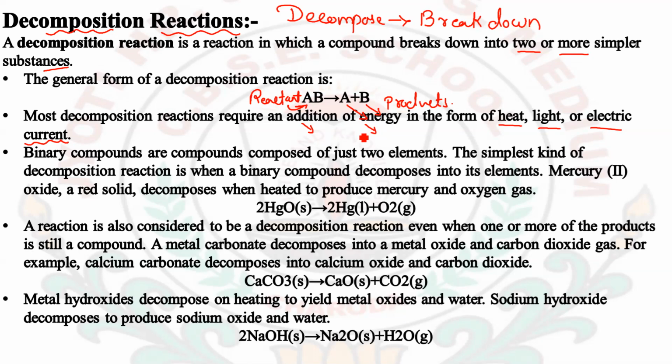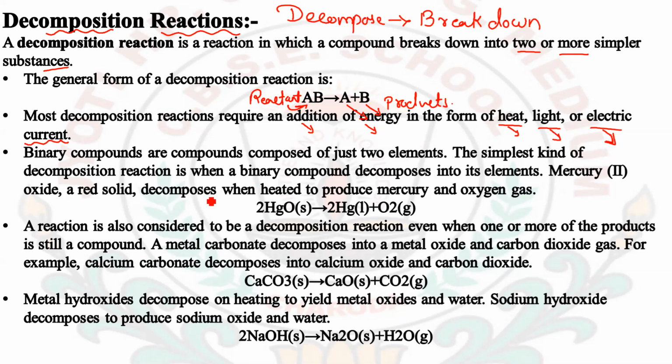This external energy can be provided in the form of heat energy, light energy, or electric current. In these three forms we can provide energy externally, and due to these three forms, the classification of decomposition reaction is also done in three different forms. We will study that further in this lecture.